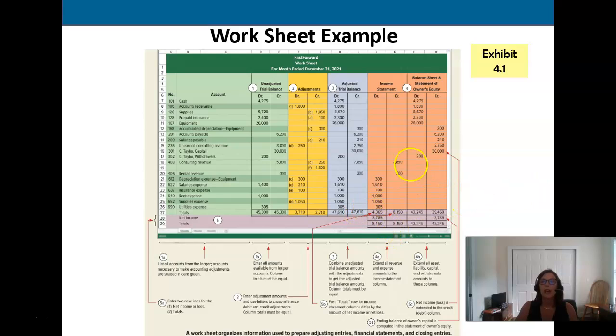Similarly, if we take that net income figure over here and plug it into the credit side of our balance sheet columns on the worksheet, and we add that together, lo and behold, those columns now equal and we are in balance.